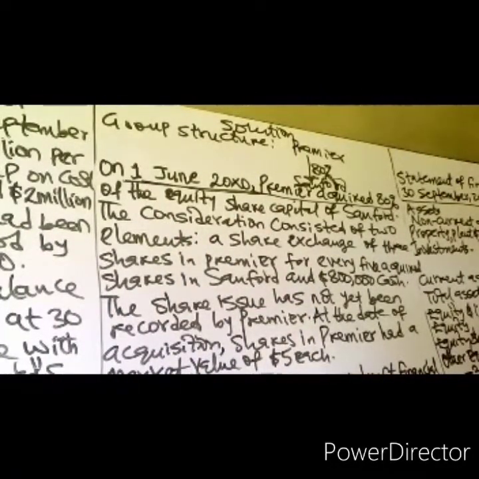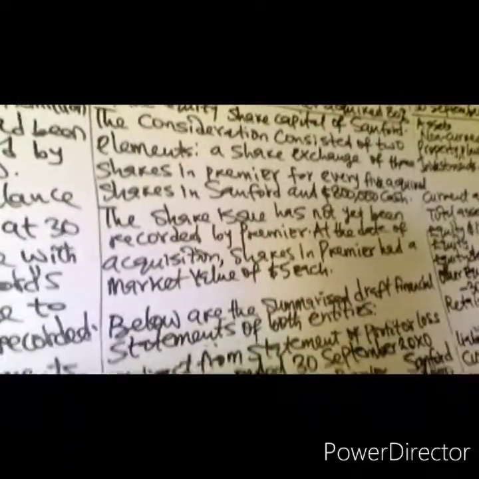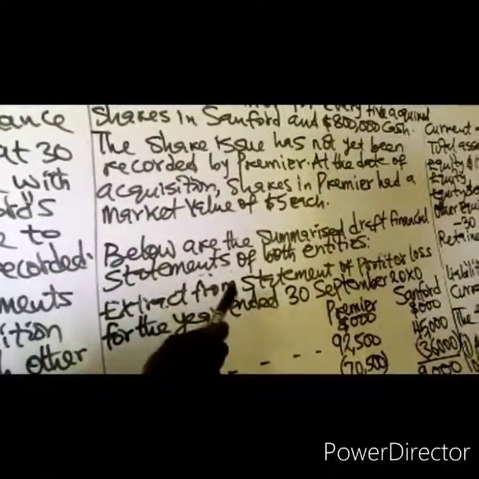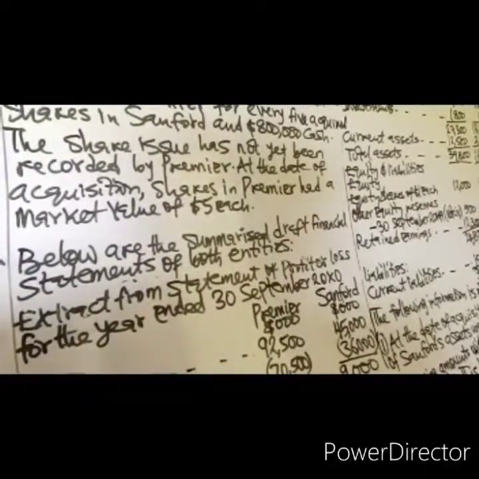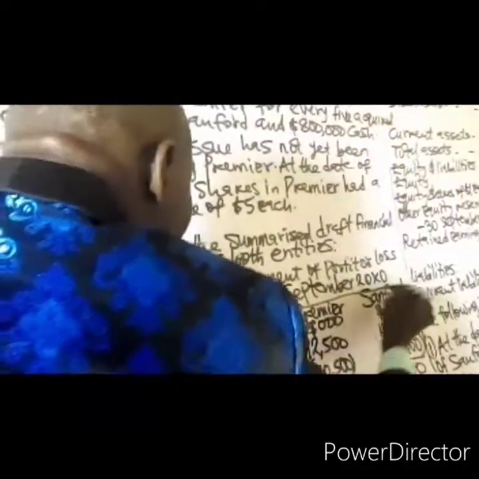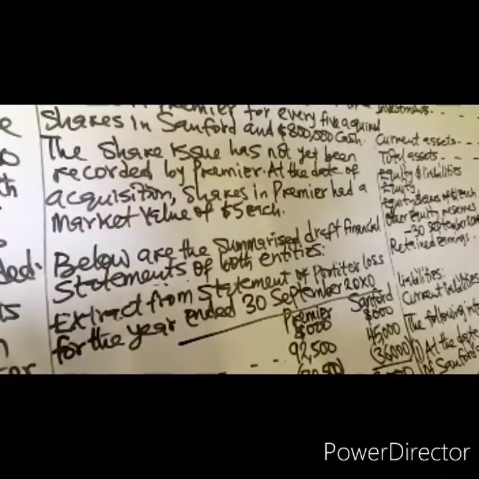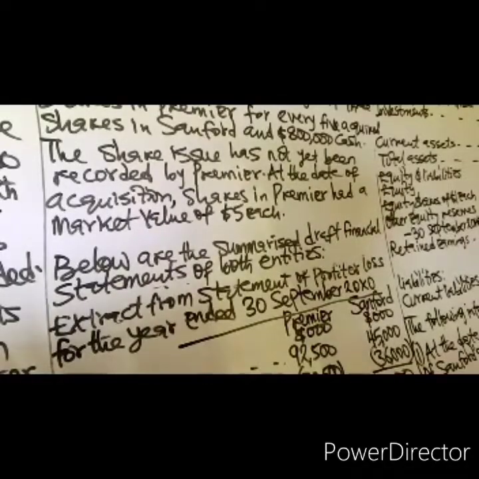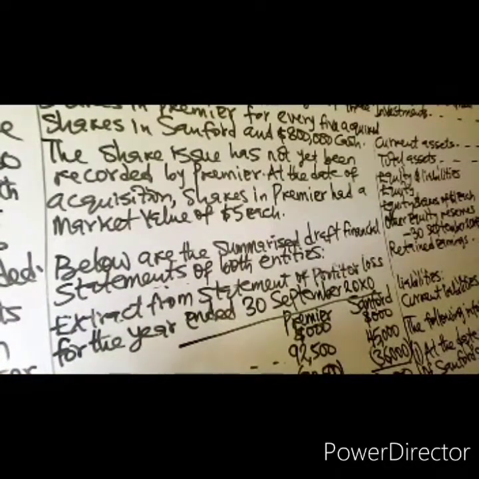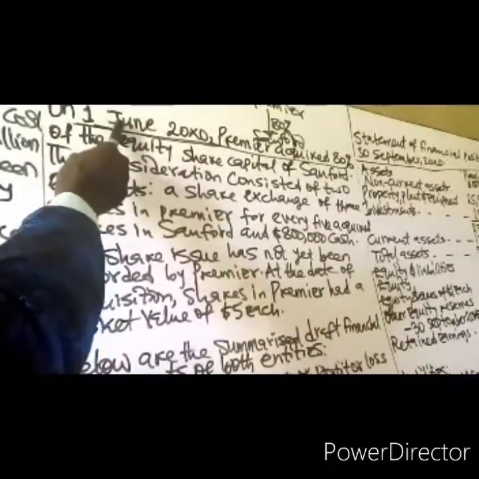Then the next thing is to identify the reporting date, the date of consolidation. The year end of the entity is the reporting date, September 30, 20x0. That is the reporting date, the date of consolidation. Then you have identified the date of acquisition.